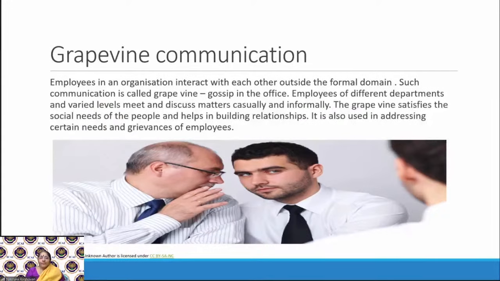Employees of different departments and varied levels meet and discuss matters casually and informally. The grapevine satisfies the social needs of the people and helps in building relationships. It is also used in addressing certain needs and grievances of employees. Okay, so this is from the study material. Yeah, grapevine like grapes. Yes, you can remember that.